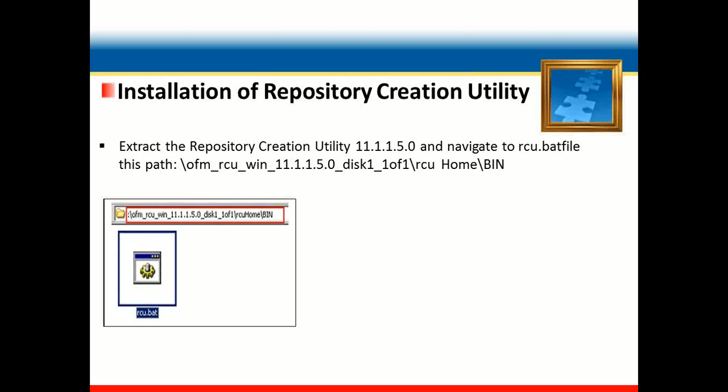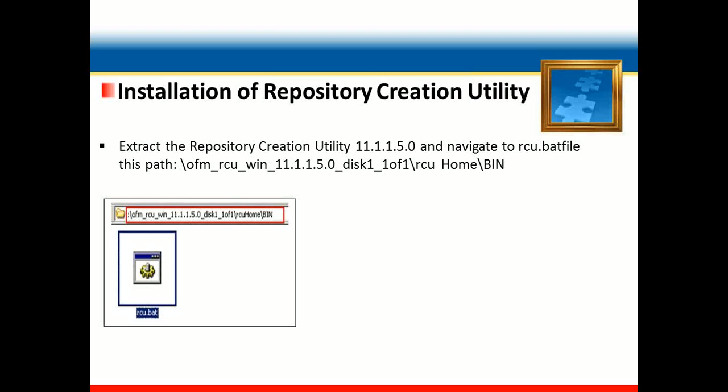And then the next slide is for installation of repository creation utility. So we need to extract the repository creation utility files in a single folder, and we can run the rcu.bat file, which is under the bin directory.